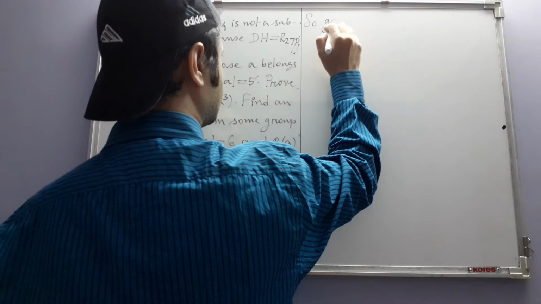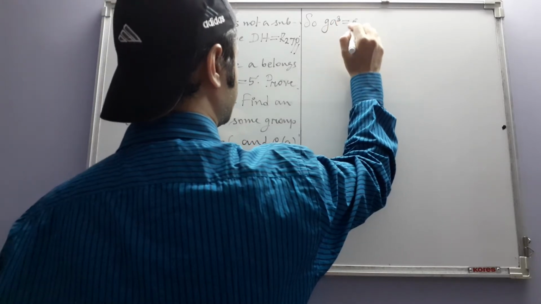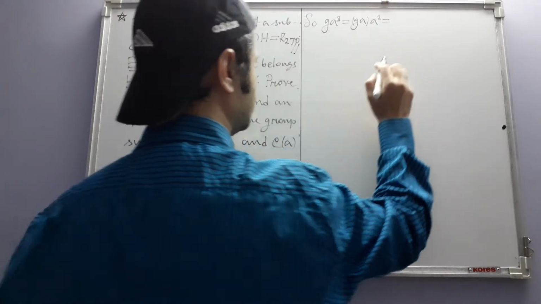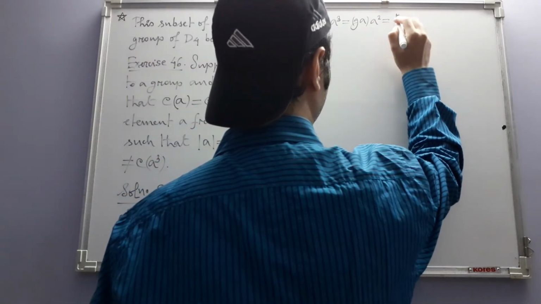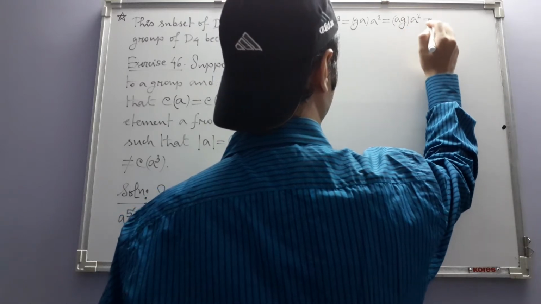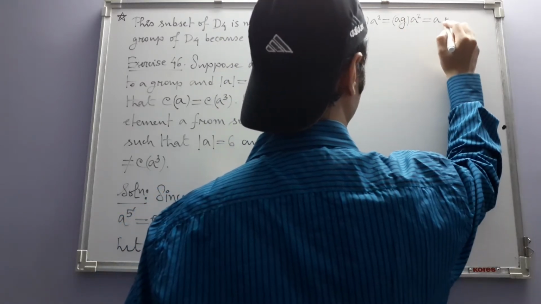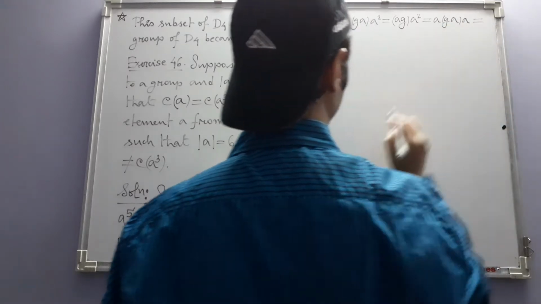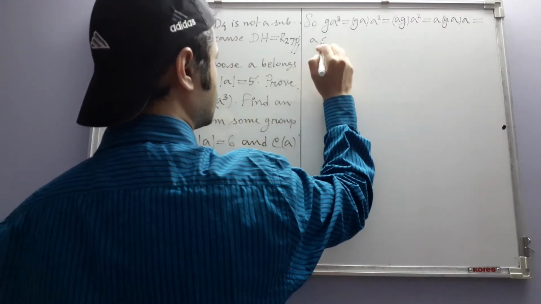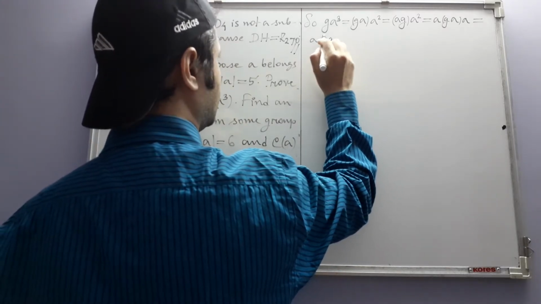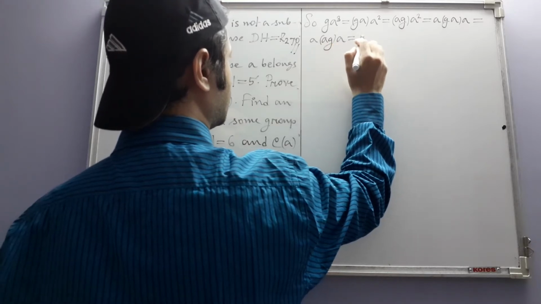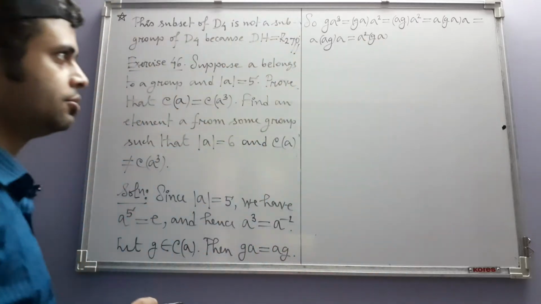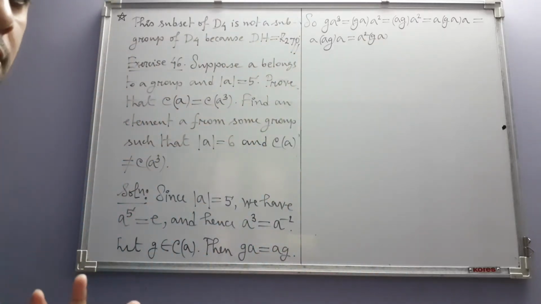So gA cube can be written as gA square, which is AgA square. Then again this can be written as AgAA, AgA, and this becomes A square gA. We are freely using the fact that the operation in the group is associative.